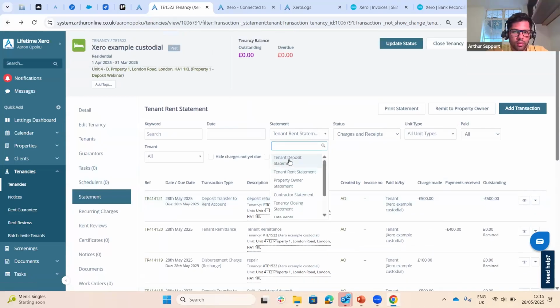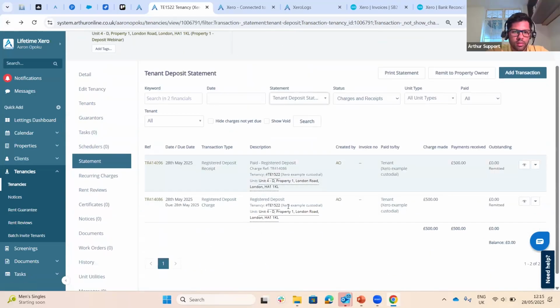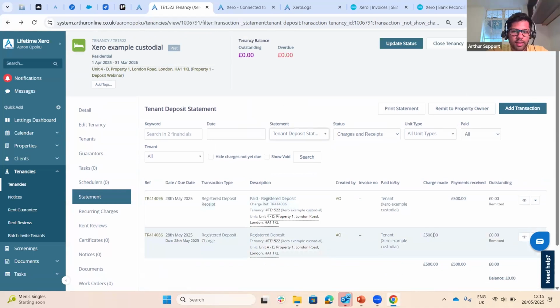So that deposit's being held and the tenant moves to a new property, but that deposit is not being refunded, so you can't close that tenancy. You have a £500 deposit, so you wouldn't close the tenancy.